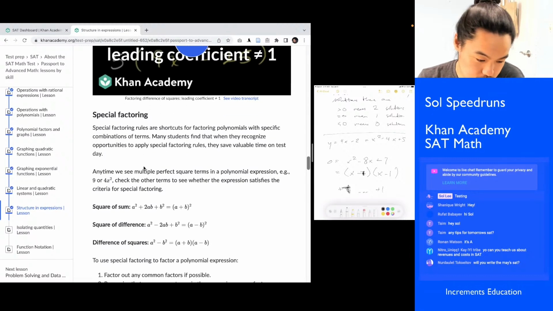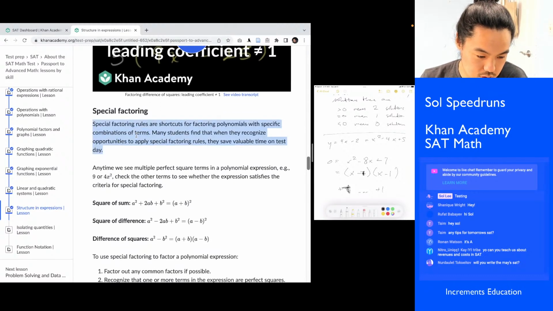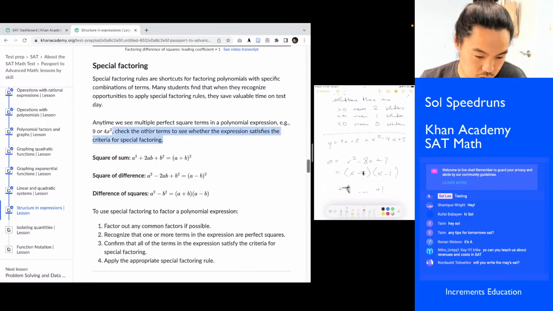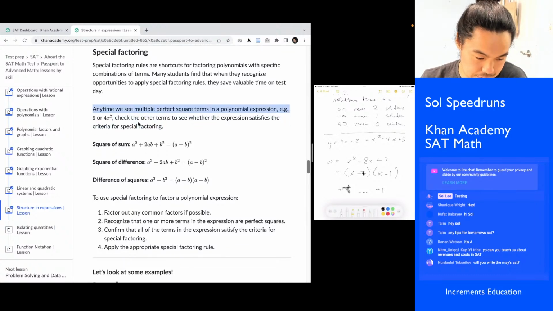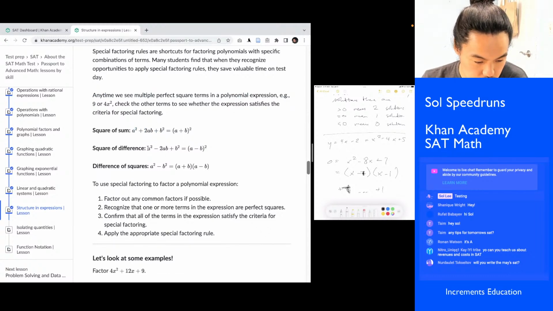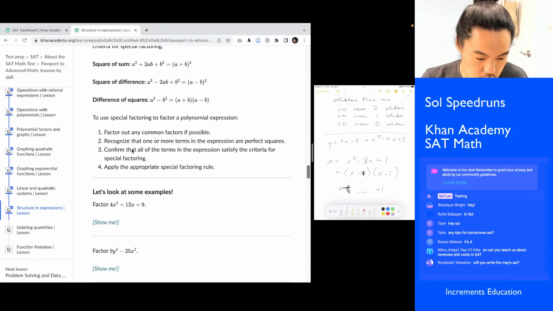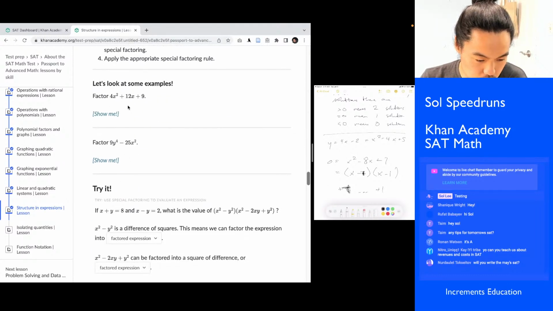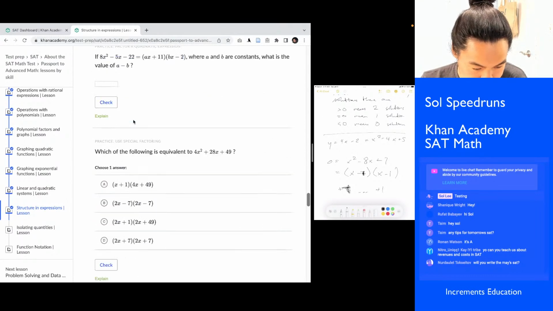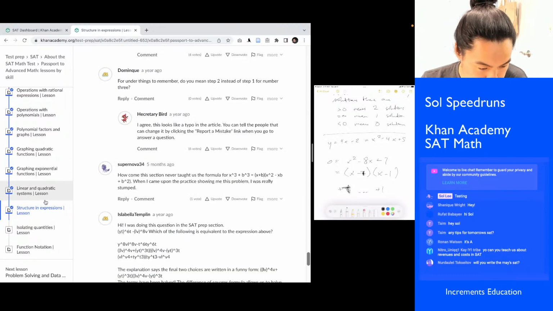Special factoring. Oh, that sounds scary. Square of a sum, right? That I know. Square of a difference. Yeah, I know this. Difference of squares. Yeah, I know this. Okay, those are actually more basic than what we were doing. Now I'm good.